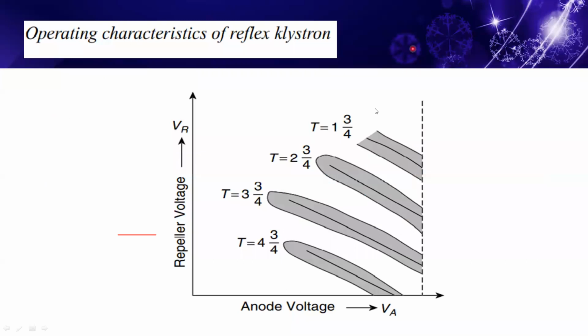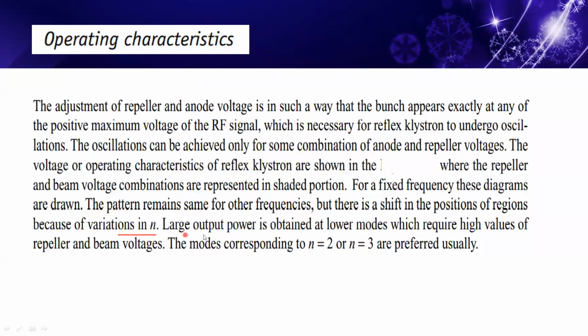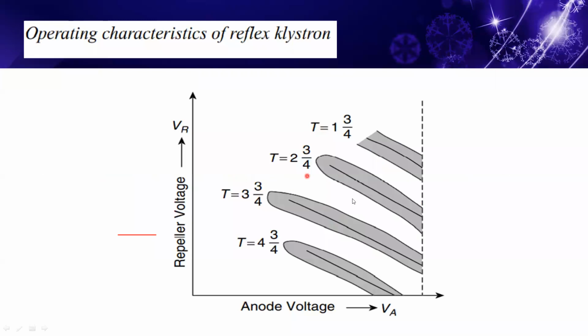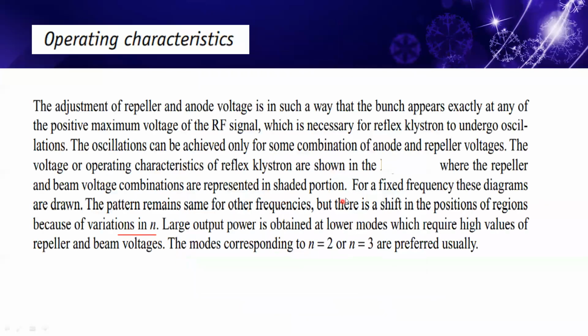From this slide, large output power is obtained at the lower modes, which require very high values of the repeller and beam voltages. Generally, these modes are n equal to 2 or n equal to 3. These are the two important mode operating characteristics of the reflex klystron. Clear? This is the important data collected for the reflex klystron.